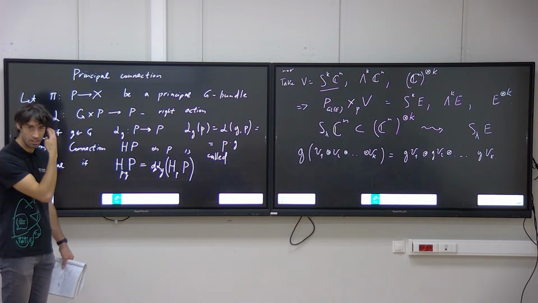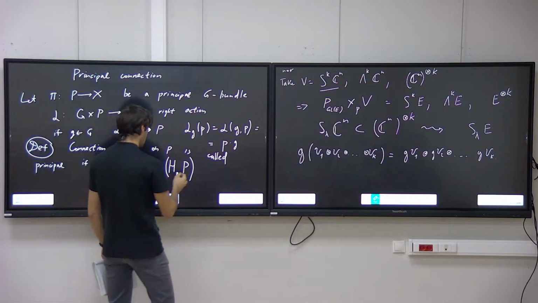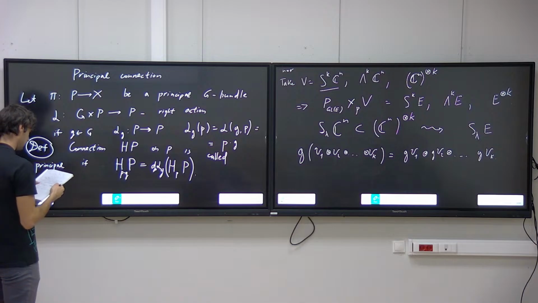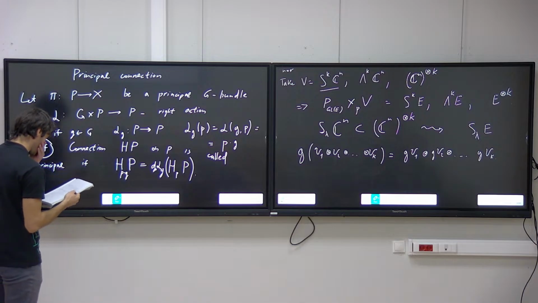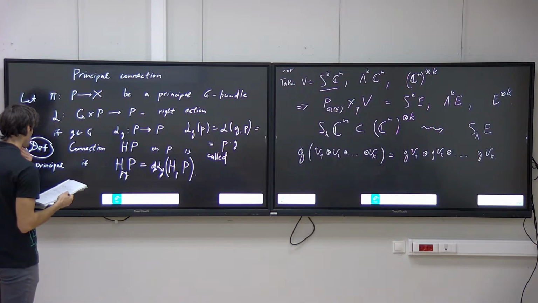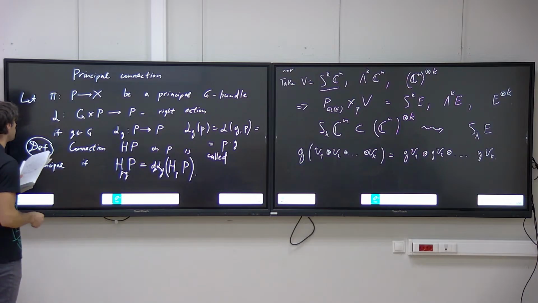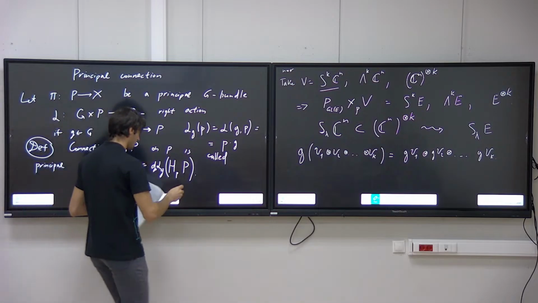It was just scaling. So here is just a generalization of what we have. Okay, so I'm saying if I have a principal G bundle, this is the end of the definition.